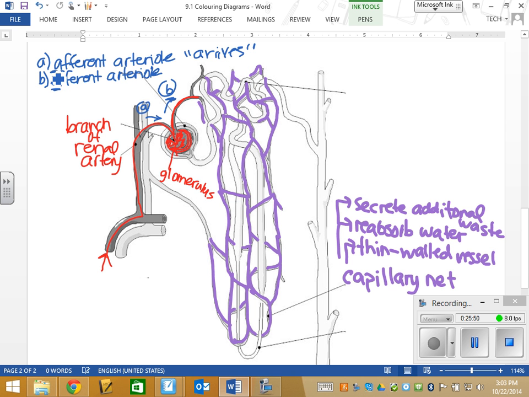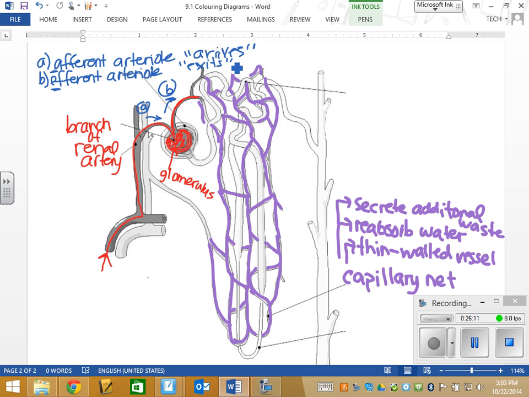Something that is efferent exits. And so that's how you would know which one is which. The one that comes into the glomerulus is the afferent arteriole, and the one that leaves the glomerulus is called the efferent arteriole.